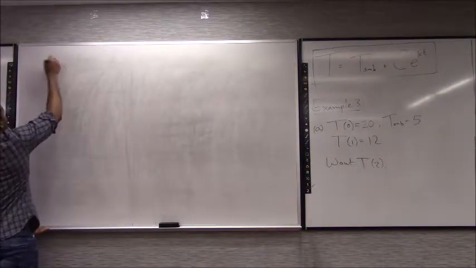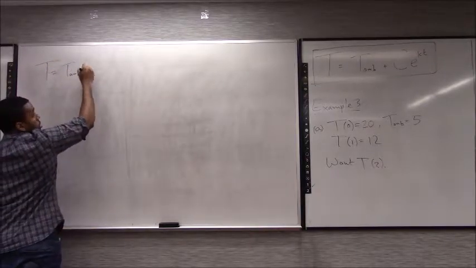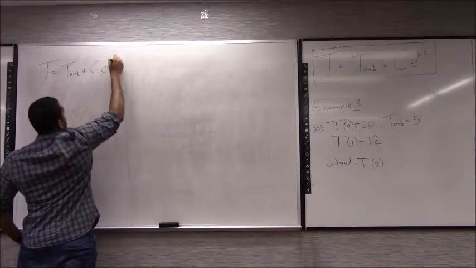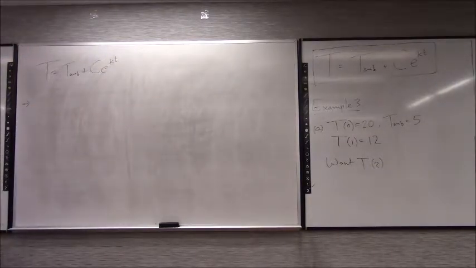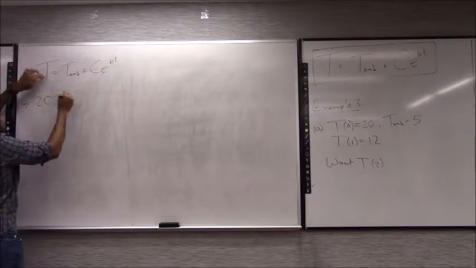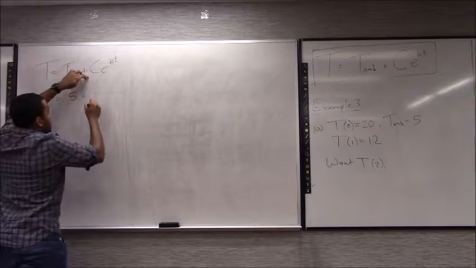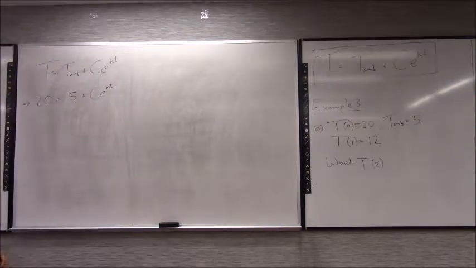So since we know that T is equal to T_A, the ambient temperature, plus C e to the kt, we have two of the following. We know that this is 20, that is 5, plus this is C e to the kt. I don't really know any more information here.